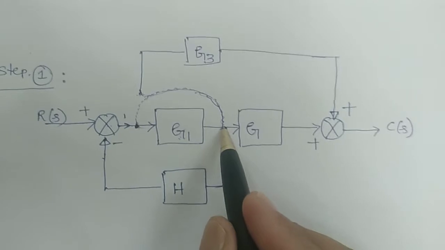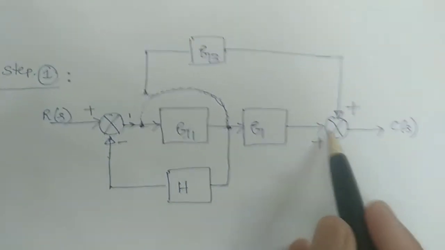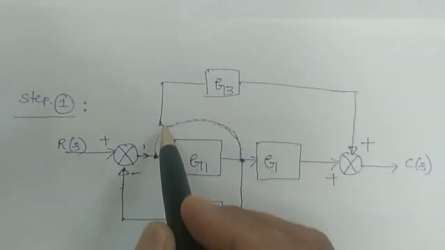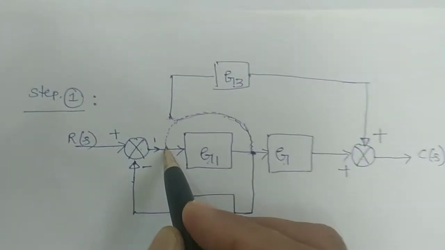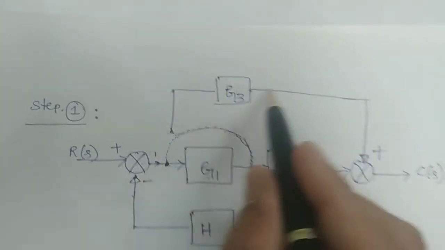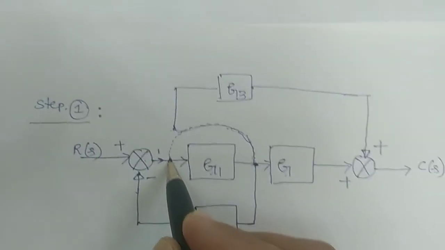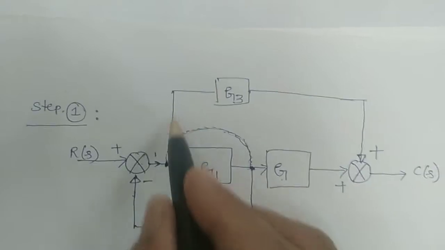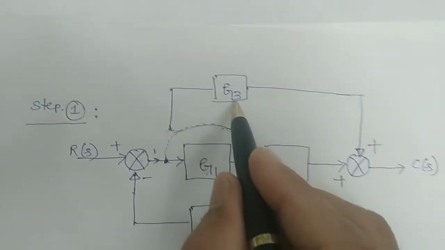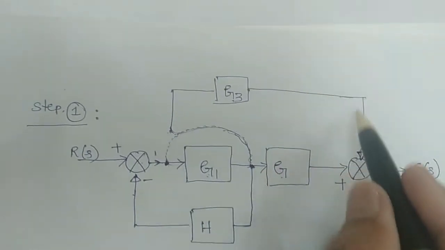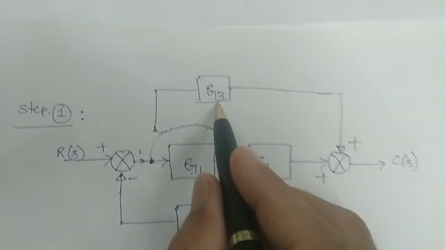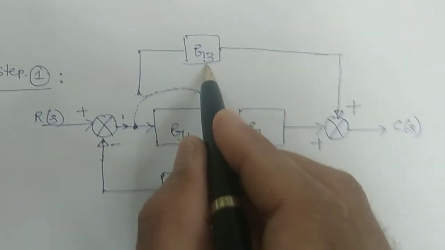So between this takeoff point and the summer, the gain of this path is G. Similarly, from this connection directly to here, this is one more path, from this takeoff point to this summing point. G3 is the gain of this path.